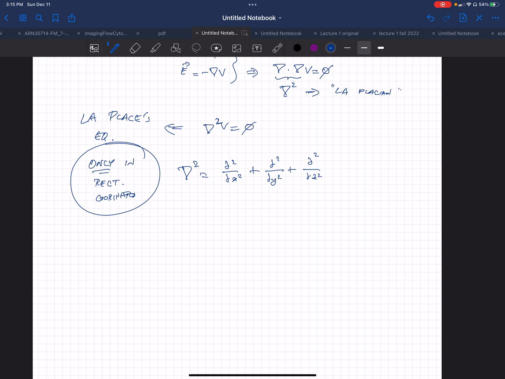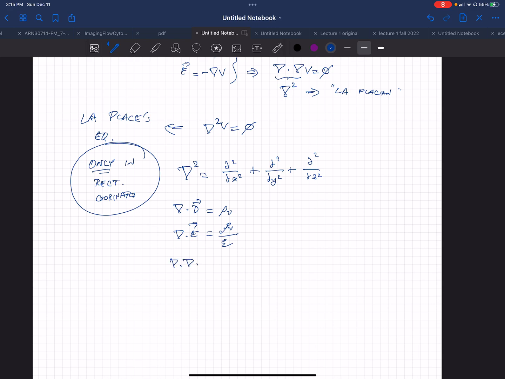Okay, so if we just take this, we end up with del dot D is equal to charge density. So del dot E is charge. So now there is a charge density, or there's a possibility of a charge density.